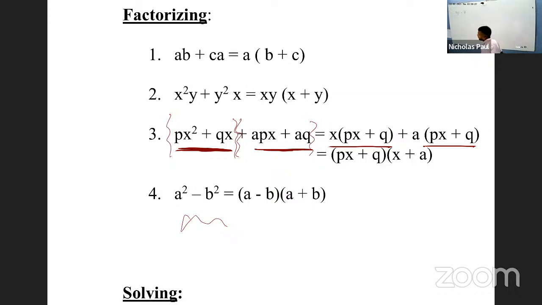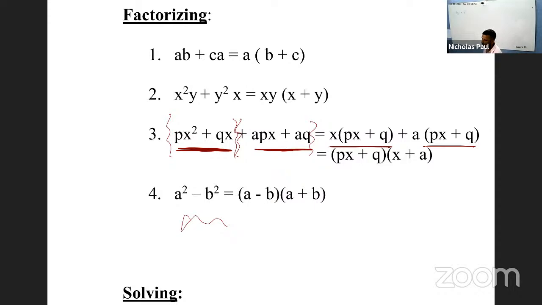You get negative px plus px. Same thing, that's factor. So normally once you group it, there's factor and factor. Write it down.